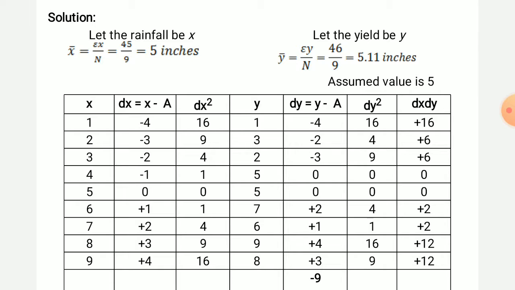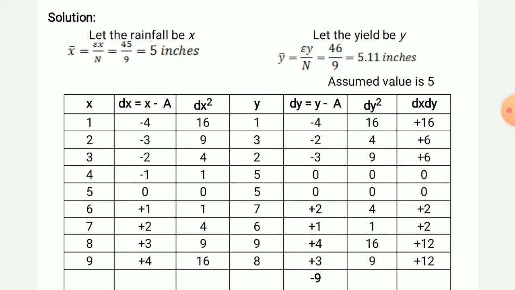So dx is equal to x minus a. X means given values minus assumed value. Difference is to be made from assumed value. Now here 5 is taken as assumed value. Now take the difference of all the given values.